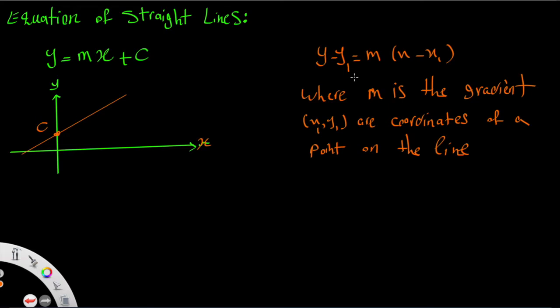So when you have coordinates of 1 point on the line with gradient m, you can use this formula: y minus y1 is equal to m(x minus x1). Now let's see some examples.